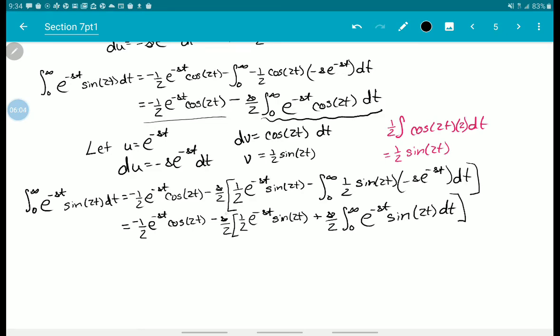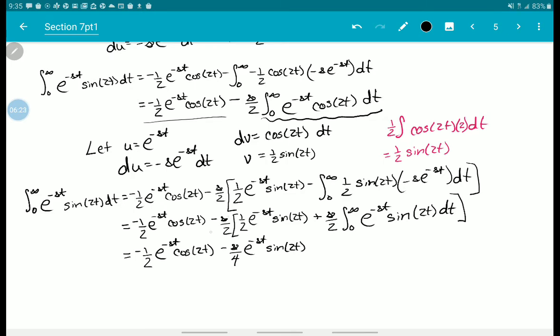Now let's distribute that negative s over 2 to everything. So we're going to have a minus s over 4 e to the negative st sine of 2t.